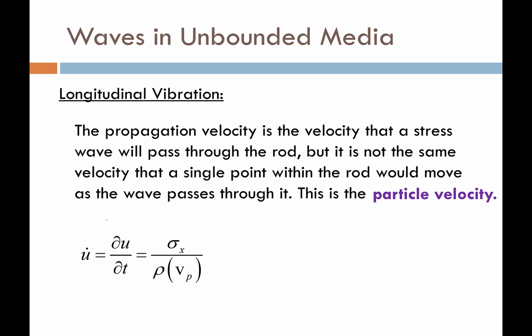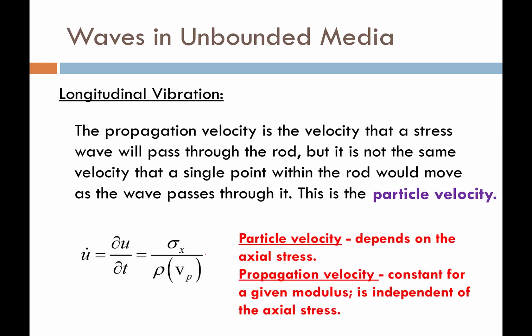Okay, and so that's simply equal to the change in displacement versus change in time, and we could derive from our wave equation that it's a function of the longitudinal stress, the normal stress acting on our rod, or how much our rod is being compressed. And so some points to take from this is that this particle velocity is a function of the axial stress. So the tighter I squeeze that rod, the more compressed it is, the faster that particle velocity will be as the wave travels through it.